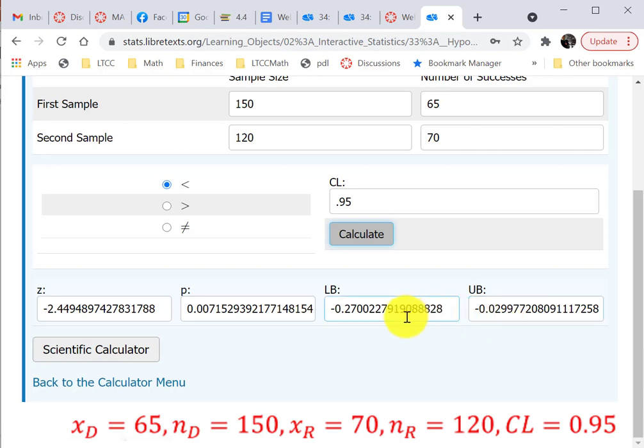When you have a negative sign, that tells you the first is likely to be less than the second by that percent. So in this case, the proportion of Democrats who own an American car looks like between 3% and 27% less than the Republicans.